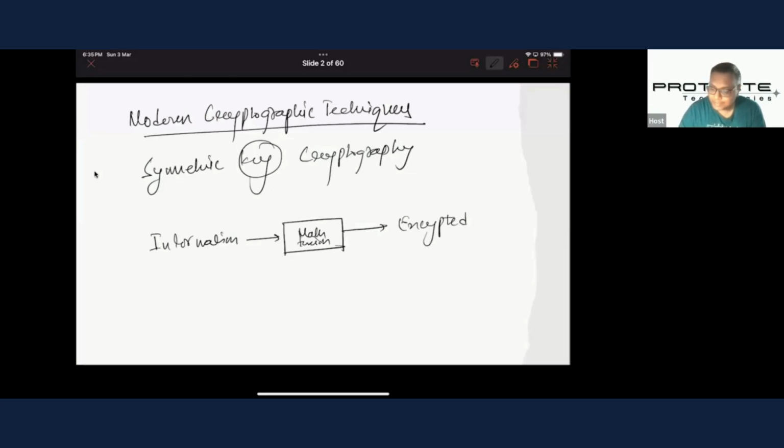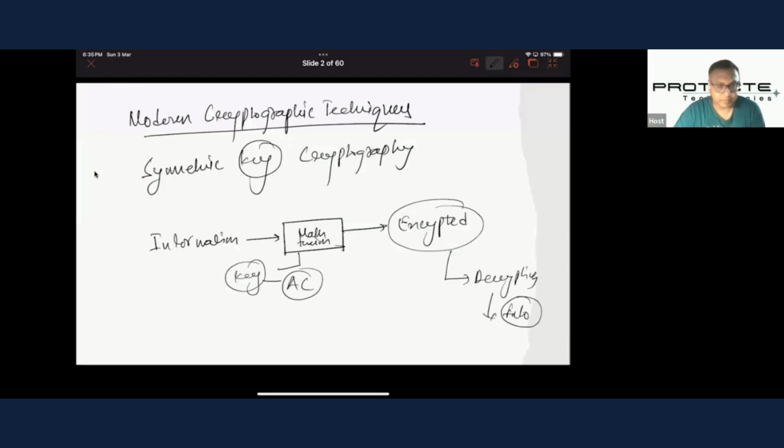But there was a key involved. This key was used to reach the place where you got the encrypted information. Now, this key is the only mathematical value which can again help you in decrypting and getting the information back. So in a way, the key is the access control methodology to the encrypted information, right?